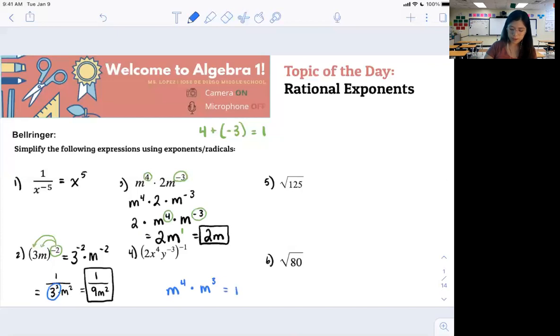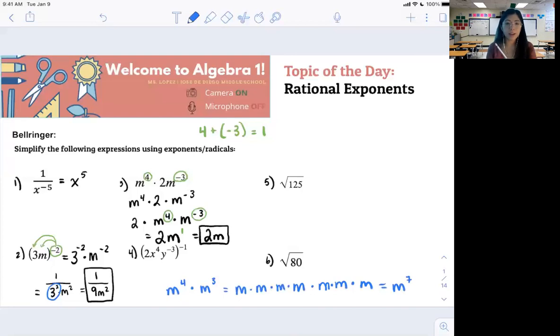That would be the same as m times m times m times m. So that's m to the power of 4. And then you keep going. Oops, m times m times m. That's m to the power of 3. How many m's are there in total? 7, right? So this would be m to the power of 7.